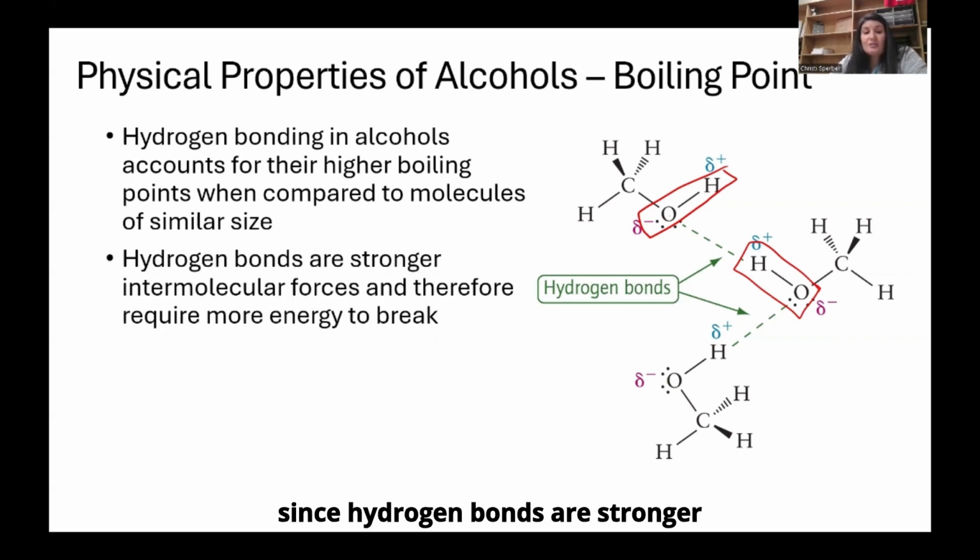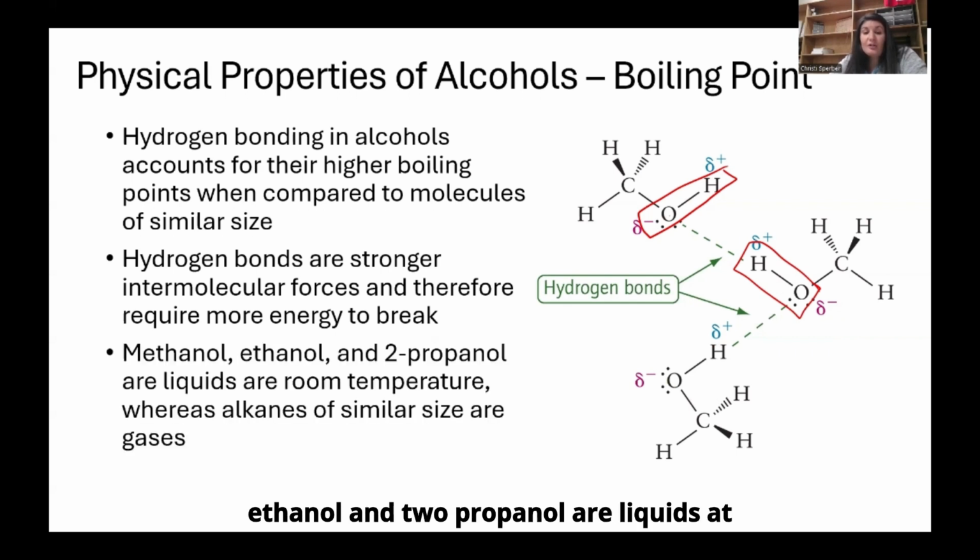Since hydrogen bonds are stronger intermolecular forces, they require more energy to break, and that's why alcohols have higher boiling points. Methanol, ethanol, and 2-propanol are liquids at room temperature, whereas alkanes of similar sizes are gases. So this is telling you that alcohols with the same number of carbons are liquids, whereas alkanes are gases.